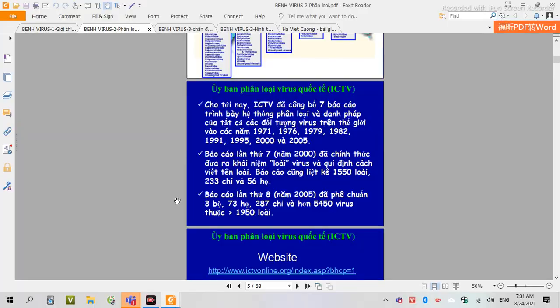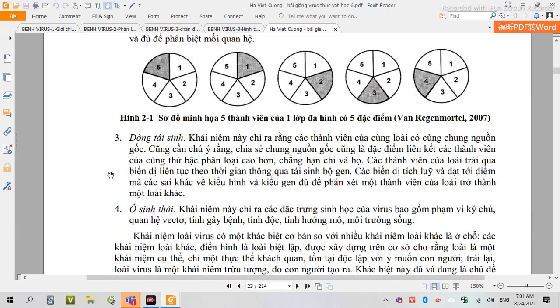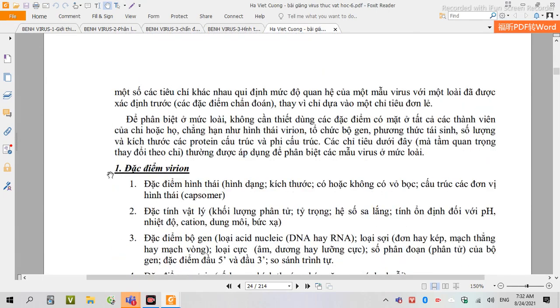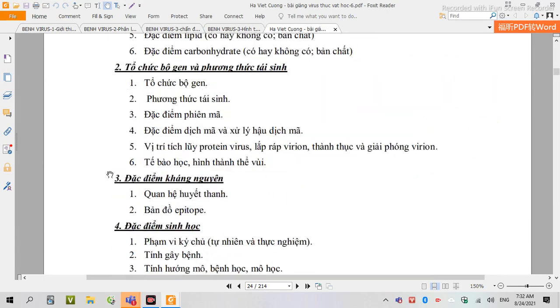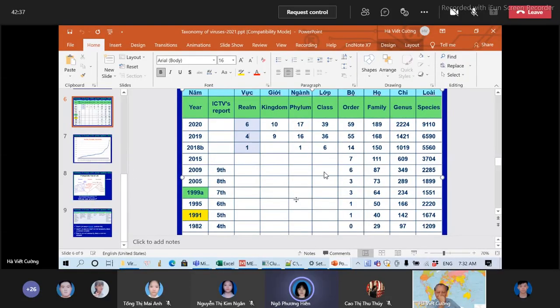Based on the information here, in 1991, in the order column, you see the number is 1. So this is the first time the order of viruses appears in this table.